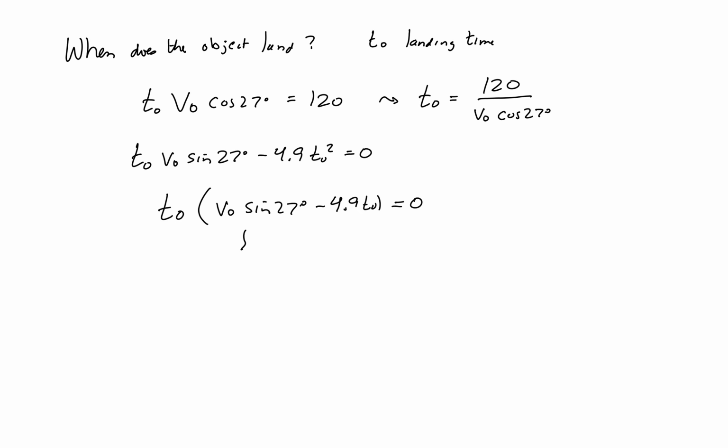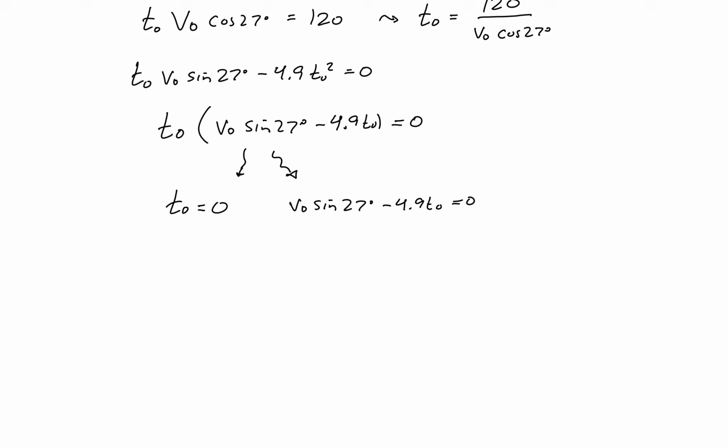And so this leads to two solutions. t0 is equal to 0, so that's going to be corresponding to when it was launched. And then this solution is going to be corresponding to when it lands. So this one is the one we're interested in, and this leads to t0 is v0 sine of 27 degrees over 4.9.